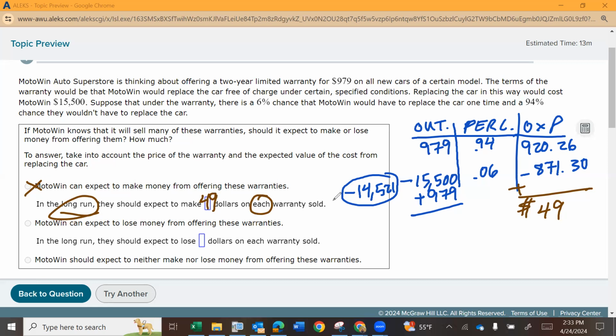So if they sell, say, 1,000 of these warranties, then that's $49,000 that they're going to make just having the warranty. And that's only if they sell 1,000 of them. They would probably sell a bunch more than that. Anyway, that is how it is done.